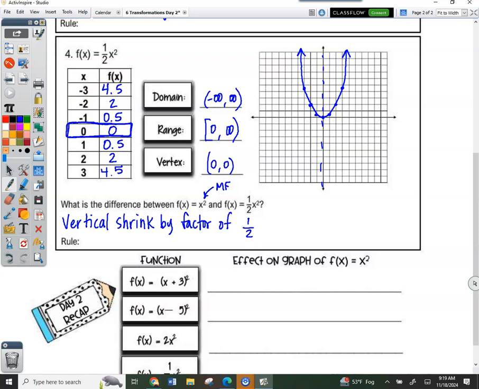Now we're going to stick a 1/2 in front of it. So let's go back to the mother function. And now we got a 1/2. I want you to visualize the floor and the ceiling collapsing. If you visualize a floor and a ceiling, imagine the mother function sitting from the floor to the ceiling, and now the floor and the ceiling are going to collapse. What's this curve going to do?